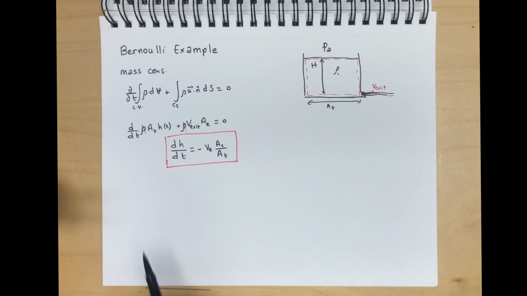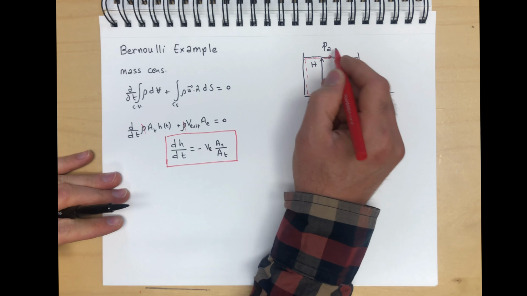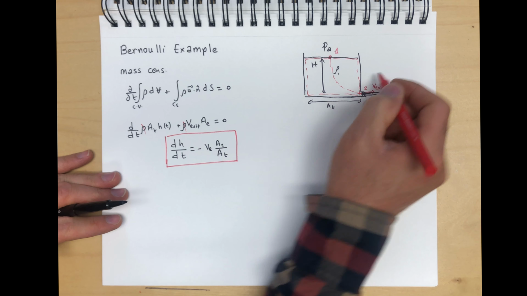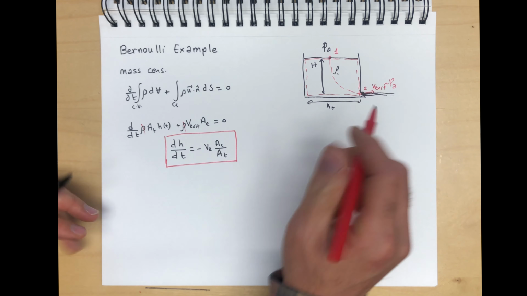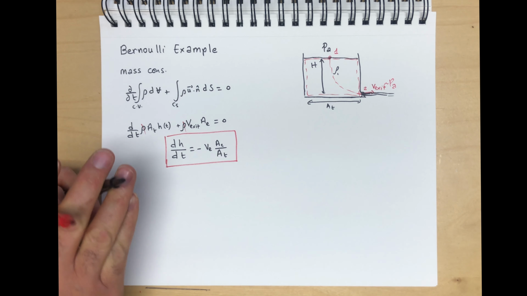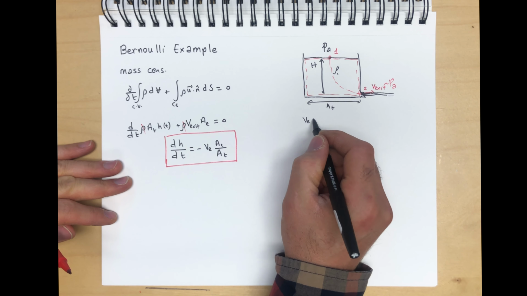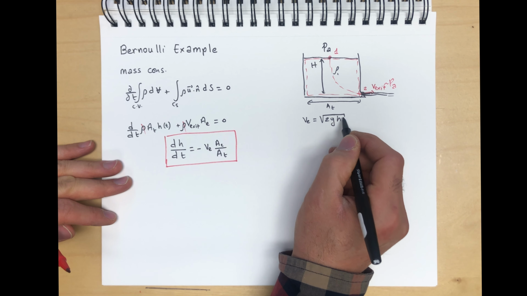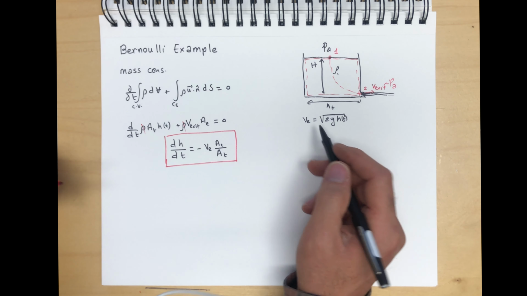Now we did this in the previous example, and to remind you, we just took a streamline from station 1 to the exit station, which we're going to call 2. The pressure over here is also P atmospheric approximately, assuming the height is small enough. What that gave us was V exit is equal to the square root of 2g times h, and in this case, h is going to be a function of t. If you want to see the derivation, look at the previous example.